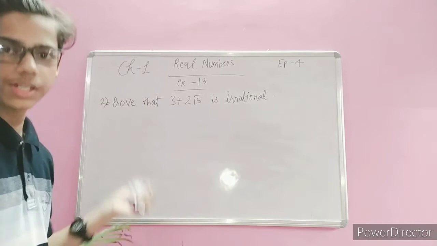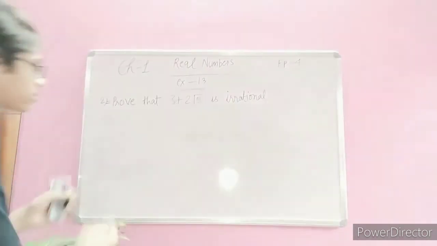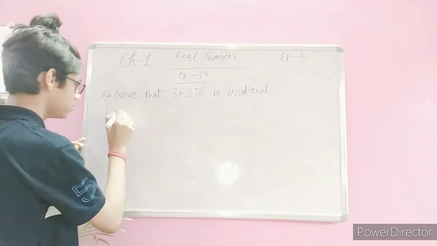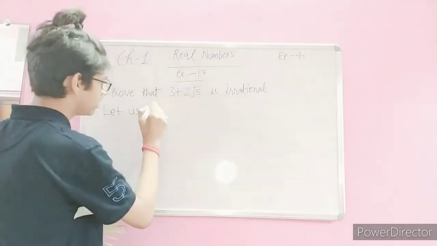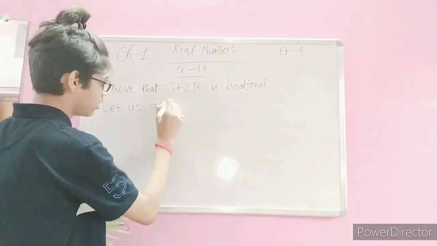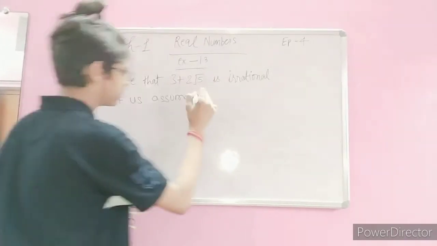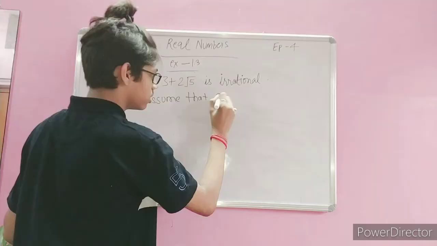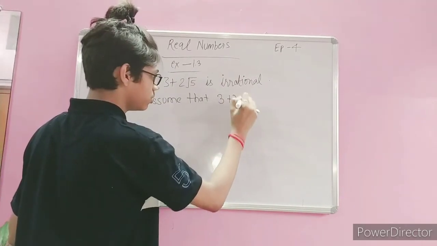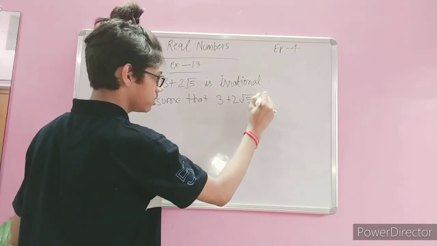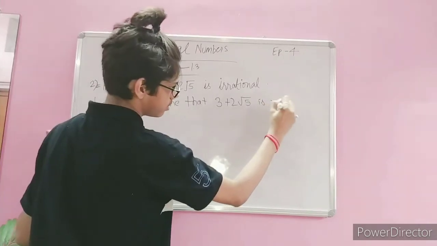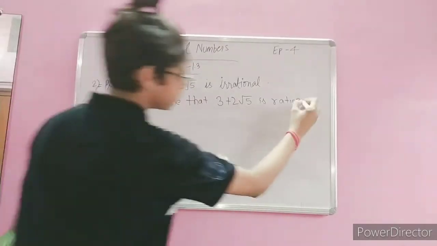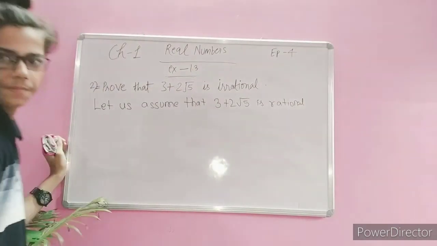So we are again using the contradiction method here, which is, let us assume that 3 plus 2 root 5 is rational. Okay.